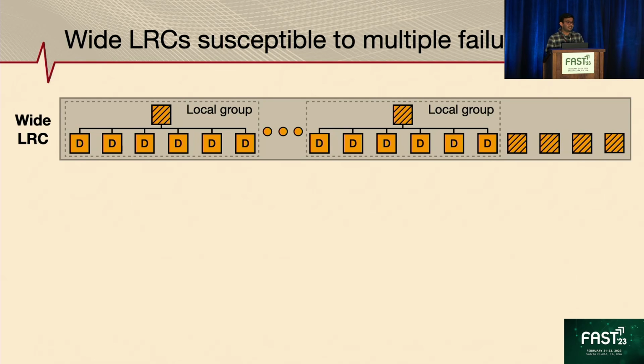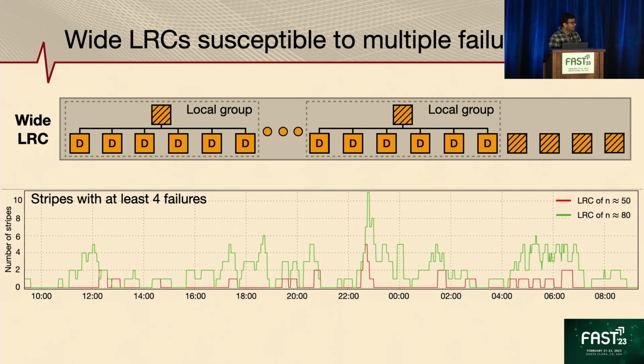Now, wide LRCs, because of their width, are susceptible to multiple simultaneous failures in a single stripe. In this example, I show a time series plot where the y-axis is the number of stripes that have at least 4 simultaneous failures in them.